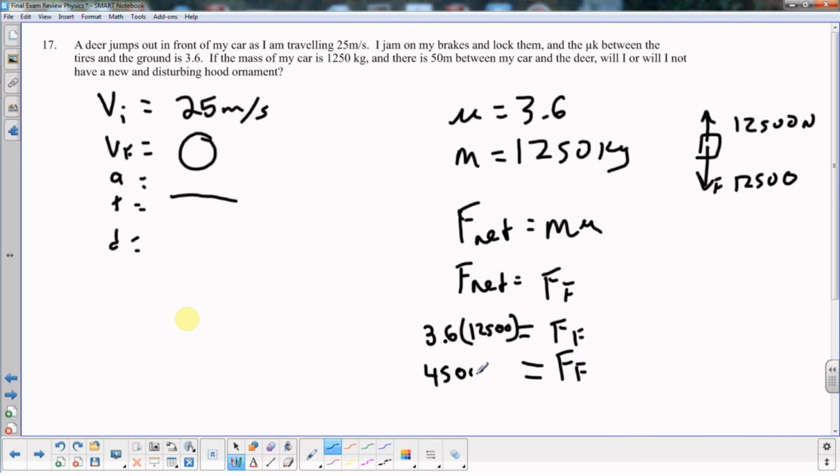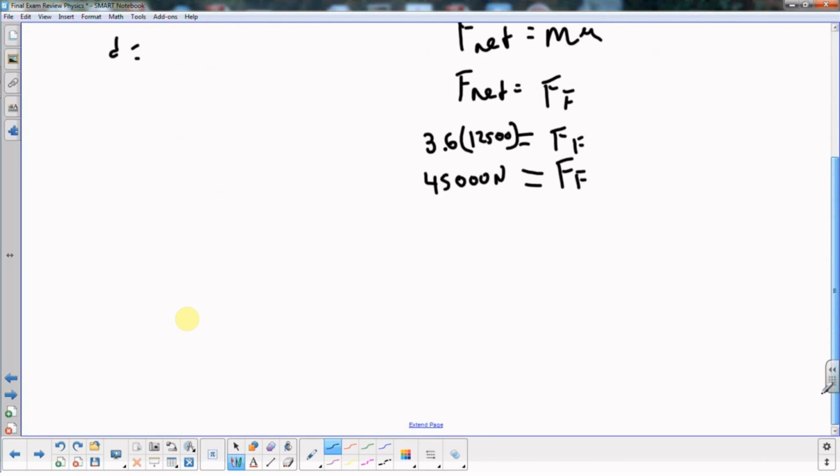This is kind of important. 45,000 newtons equals ma, because we're also dealing with F net, which equals ma. 45,000 newtons equals 4,500 kilograms times the acceleration.